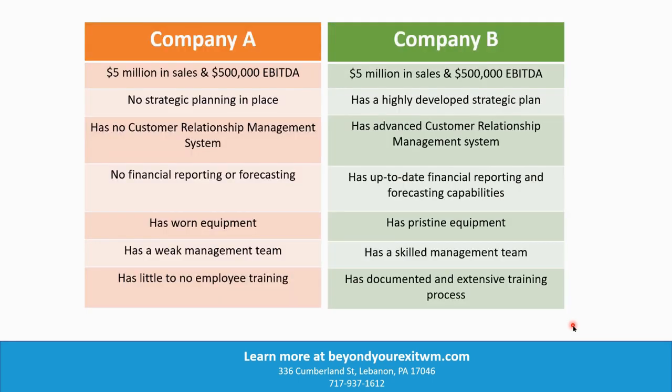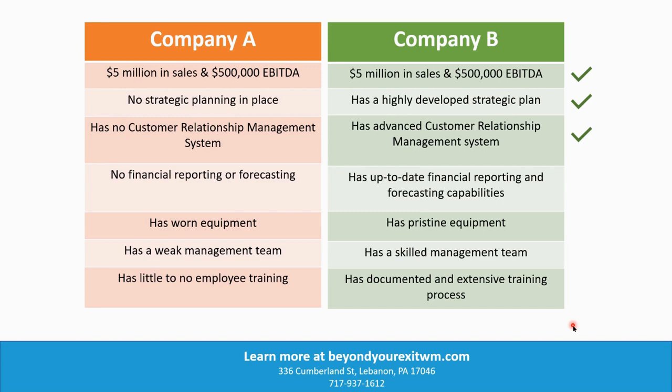And so, to dig into an example of this even further, if we look at company A versus company B, they both have the same financials. Okay. So 5 million in sales and $500,000 EBITDA, but company A has no strategic planning in place. Company B has a highly developed strategic plan. Company A has no customer relationship management system. Company B has an advanced CRM system in place.